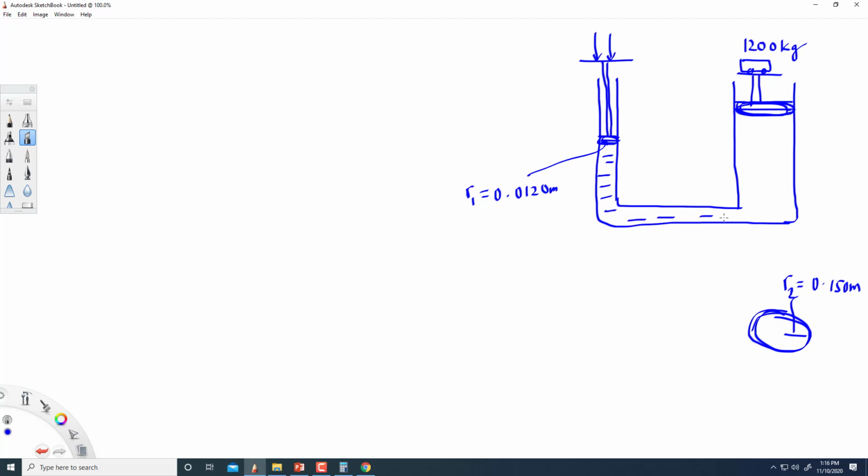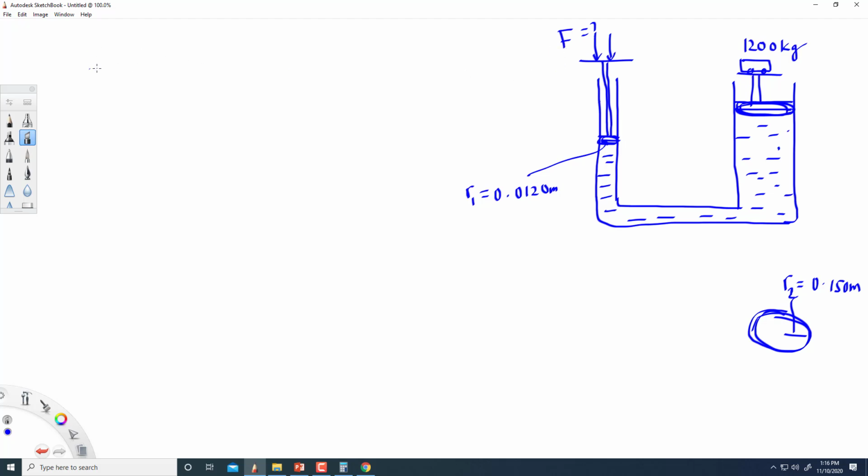It could be oil or some other liquid. So the question is, in order to lift this car, how much force you need to exert on this side? We want to find the force.